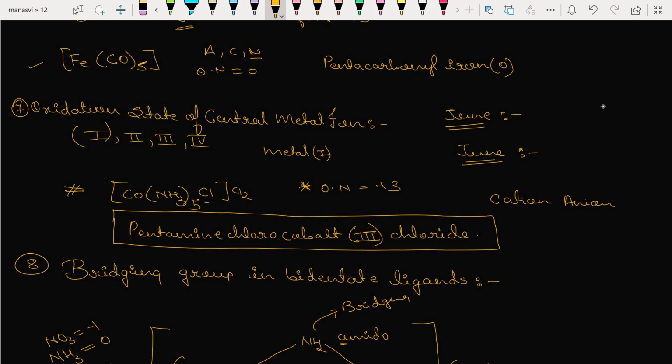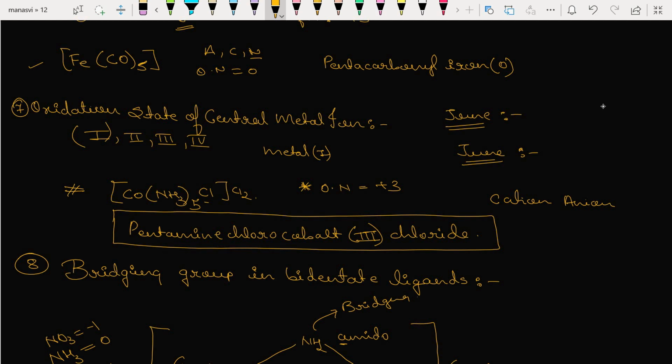If there is neutral and anionic, neutral and cationic, or neutral, no gap is given between the names. A little gap is given only between a cationic part and an anionic part while writing the IUPAC nomenclature. So write this point down somewhere.